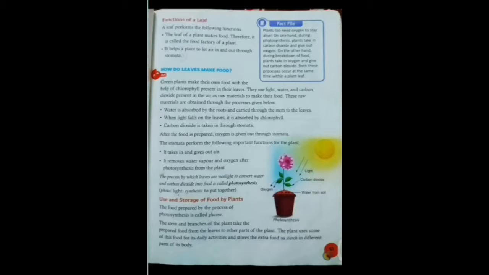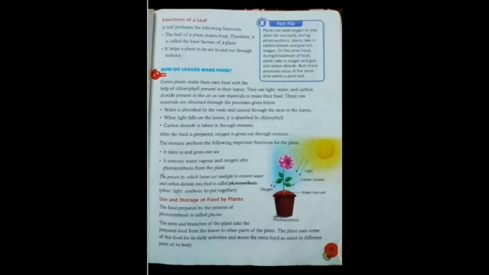Our next topic is how do leaves make food. Now we all know green plants make food with the help of chlorophyll present in their leaves. But other than chlorophyll, leaves also use water, light and carbon dioxide as raw materials to make their food. Plants obtain these raw materials in different ways.